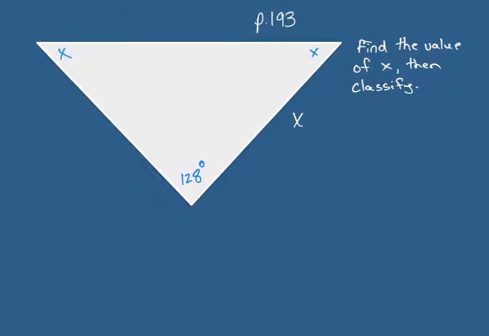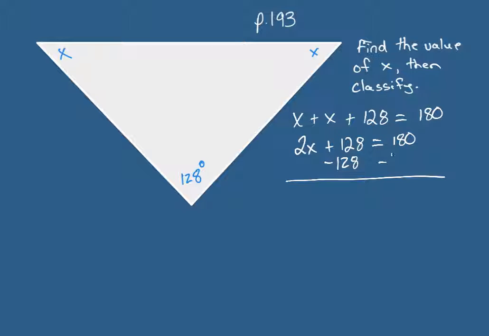So I have x plus x plus 128 equals 180 degrees. I'm going to combine my x's. x plus x is 2x, plus 128 equals 180 degrees. Then the next step is I am going to subtract 128 from both sides.